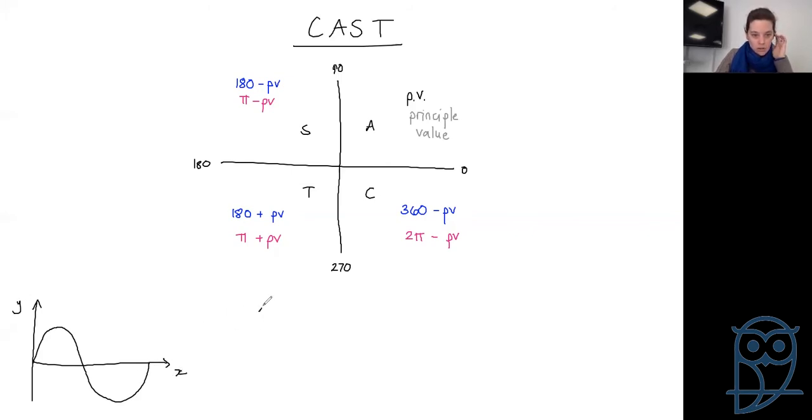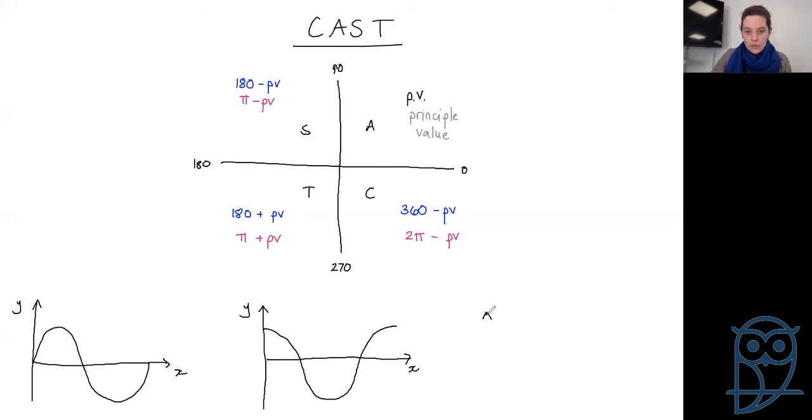Then we're going to use cos, also 0 to 360, 0 to 2 pi. So one period of sine, one period of cos. And then for tan, we also need 0 to 360 because that's what CAST works on.